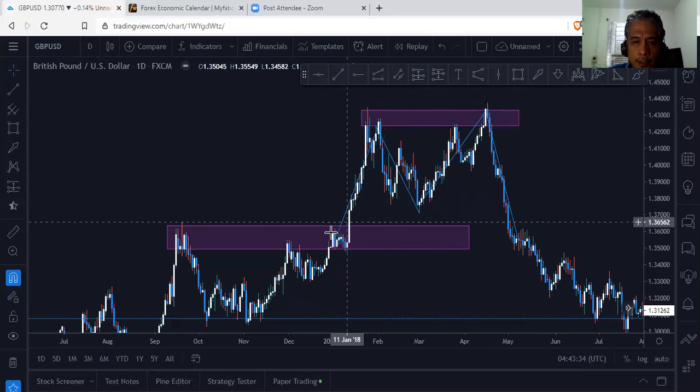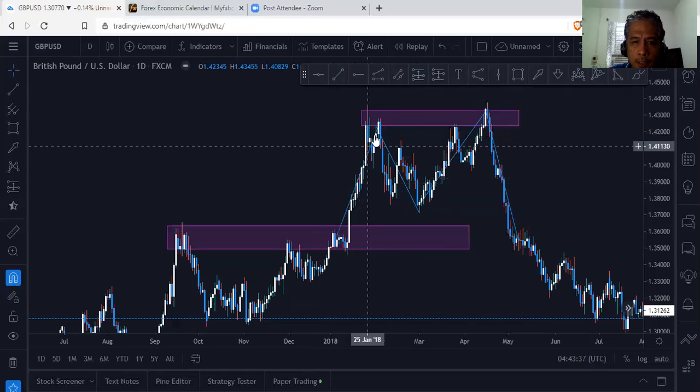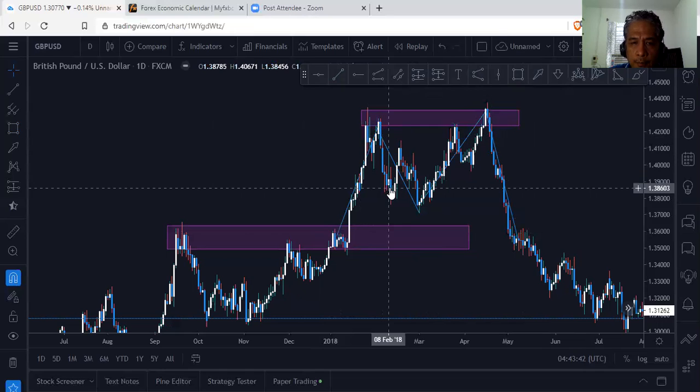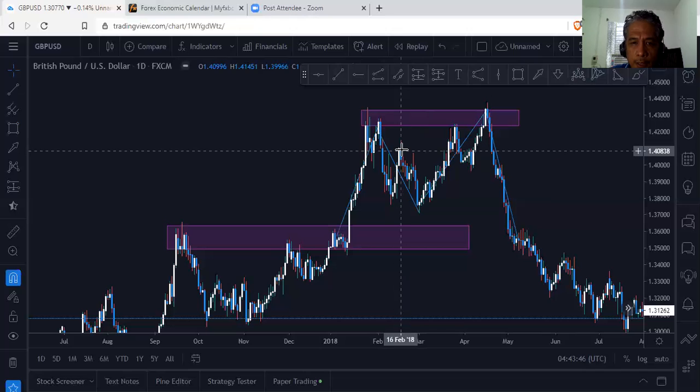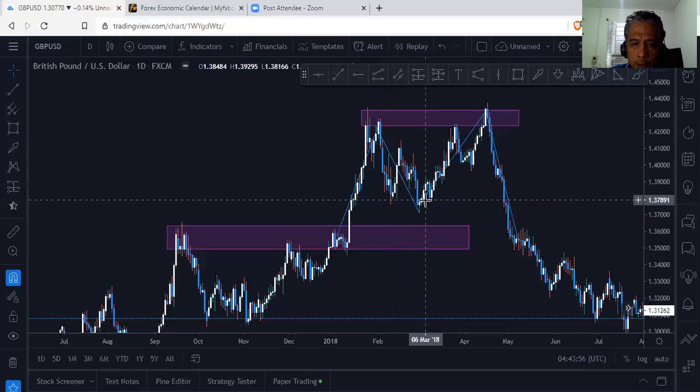As you can see here, it is strong. Then you can see the double top. Then the market made a lower low and a lower high, tried to make a higher low, instead turned into a lower high, and made a lower low here.